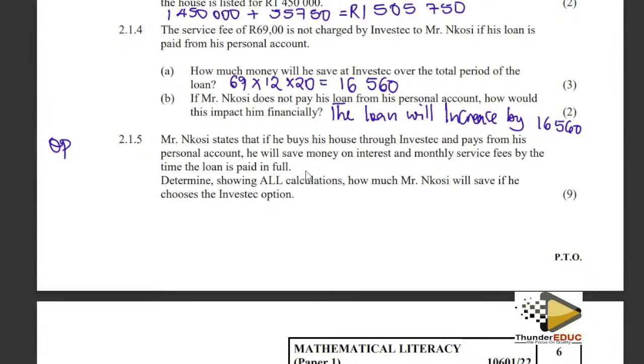Option 1 is when Mr. Akos pays from the personal account, and option 2 is when he does not pay from a personal account. So that's what we're going to do now. We shall go through those calculations now.